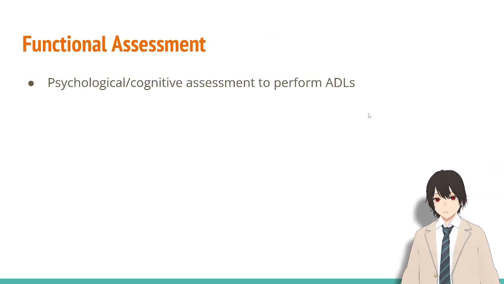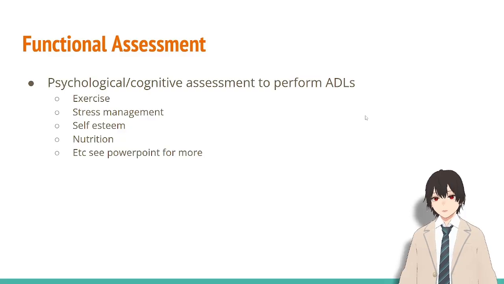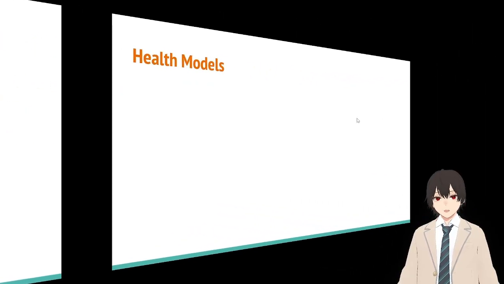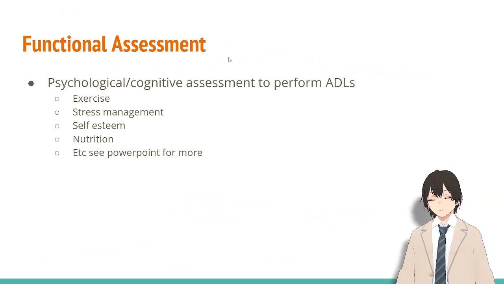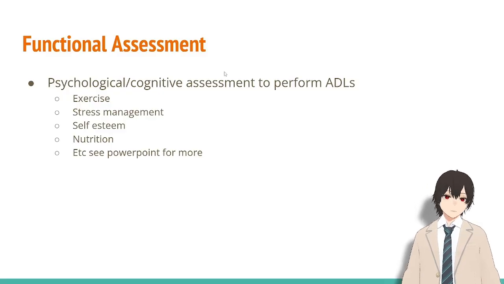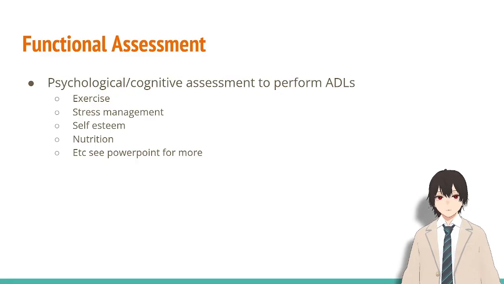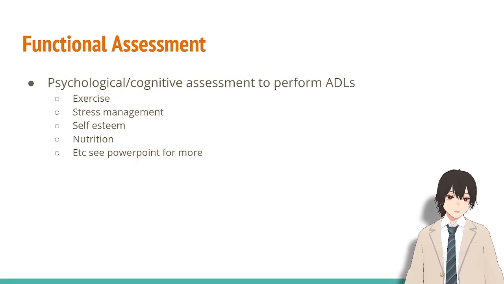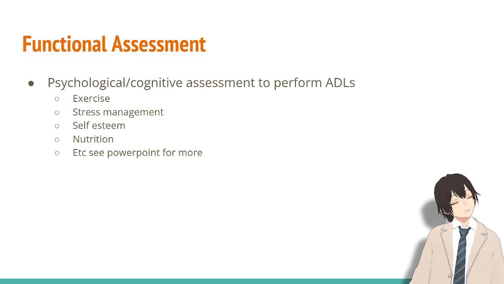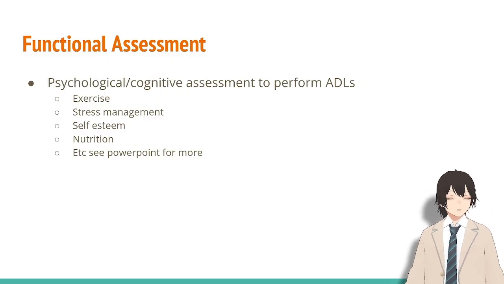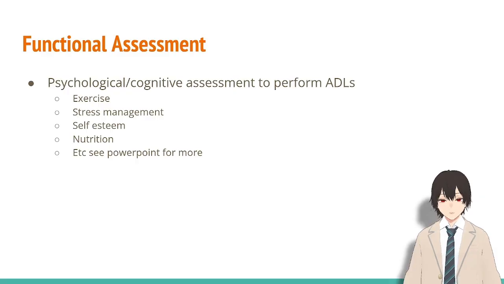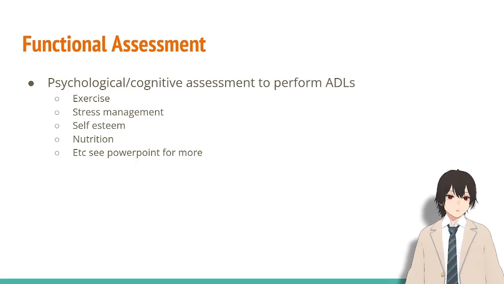Okay, so this is your functional assessment. This is basically how well a person can perform their activities of daily living, right? This is a holistic approach. So we're factoring in, for example, their physical limitations, such as if they're an amputee, if they have a stroke history, can they walk up the stairs?